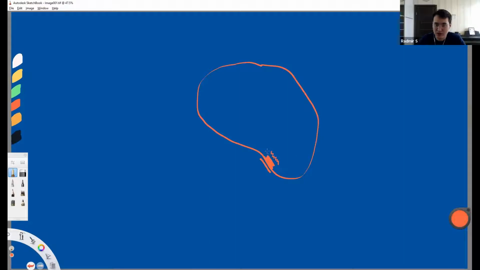And of course, whenever we create the heart during embryogenesis, we can have some defects of this formation. So the structure might kind of be incomplete. So let's say we have this interventricular septum. So this is the wall between two ventricles.